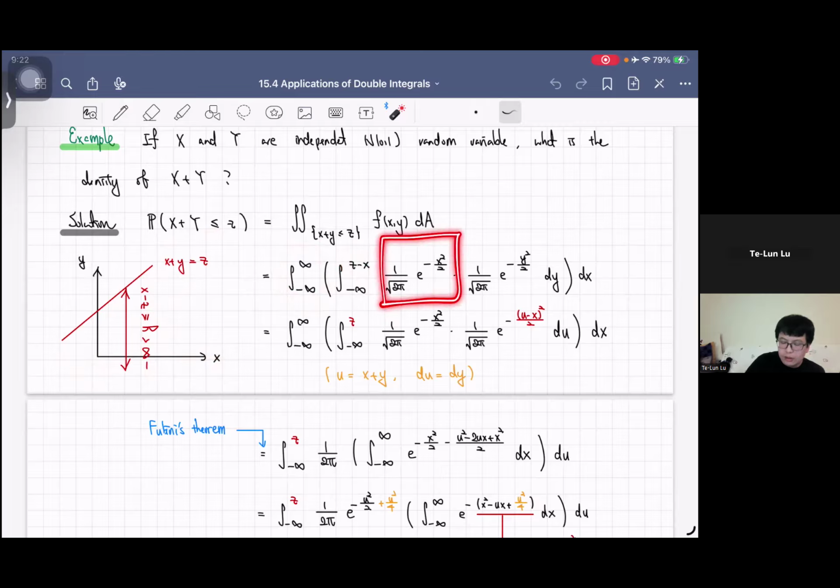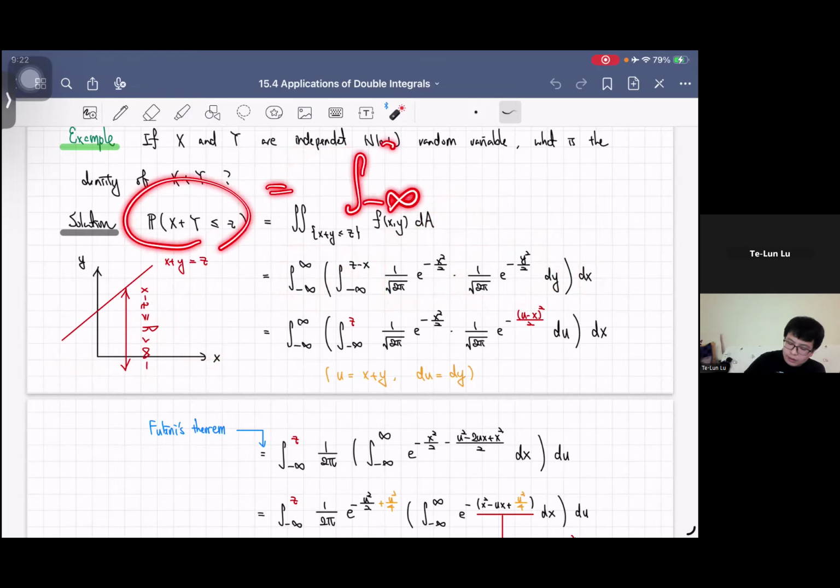This is an N(0,1) random variable. And since I assume that they're independent, you have simply a product. We go from y first and then go x. So the idea is that I want to rewrite this into the integral from minus infinity to z of some function g(u) du.